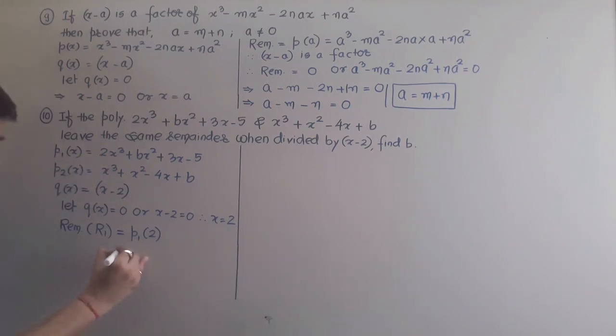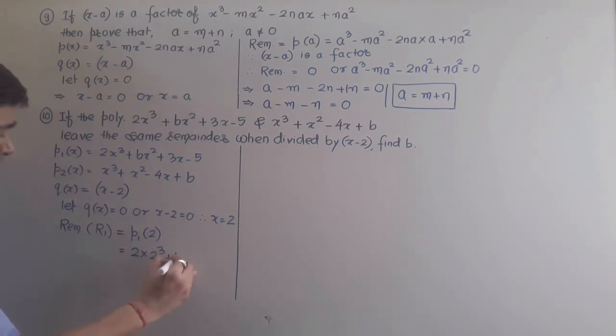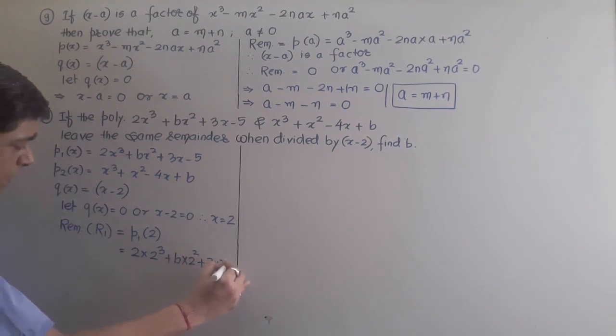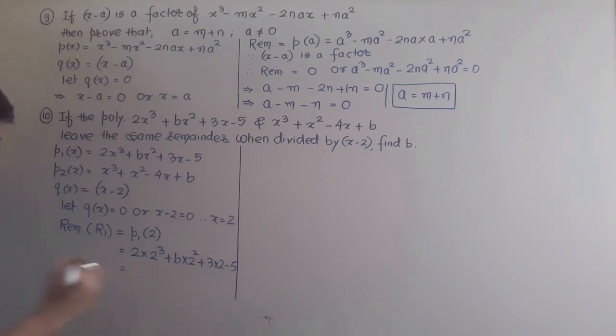So now put the value here: 2 into cube of 2 plus b into square of 2 plus 3 into 2 minus 5. Now see, 2 cube is 8, 8 into 2 is 16, plus 4 into b, that is 4b, plus 6 minus 5. From 6 if I subtract 5, remaining is 1, and 1 plus 16 is 17. This will be 17 plus 4b. So this is the value of remainder R1.